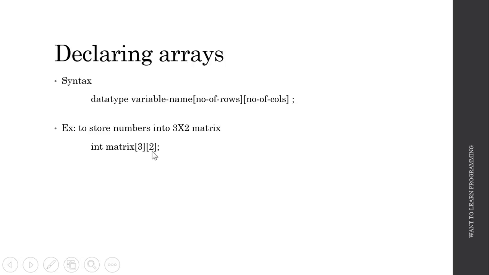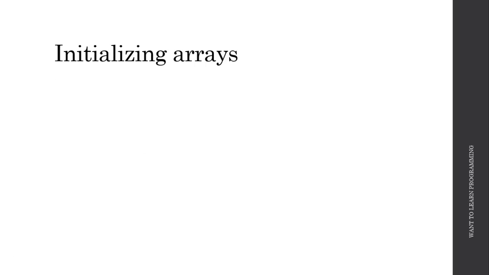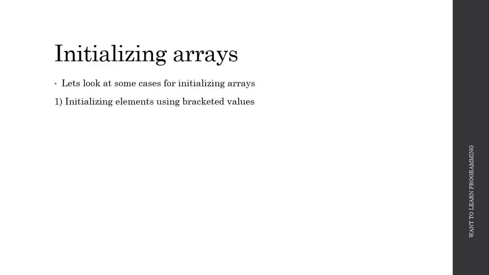Let's look at how to initialize these arrays. Let's look at some cases for initializing. Initializing elements using bracketed values. That is, int numbers[2][3] where we have the external curly braces and inside we have curly braces for each row.